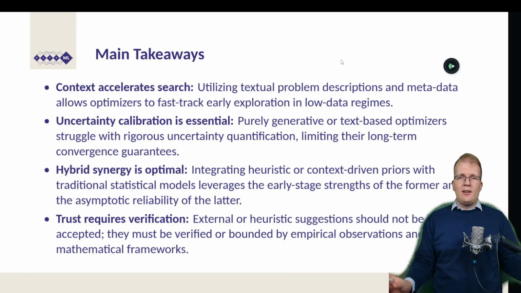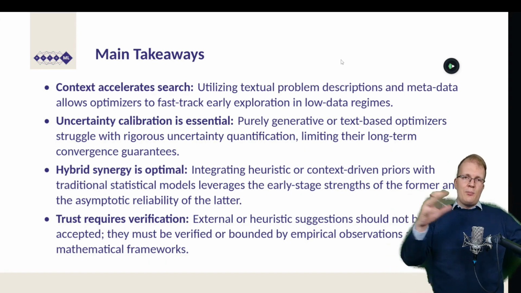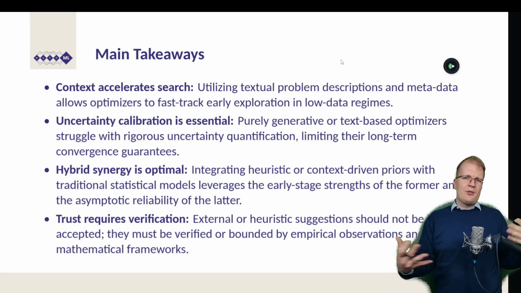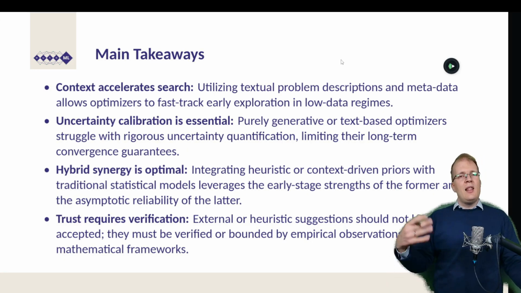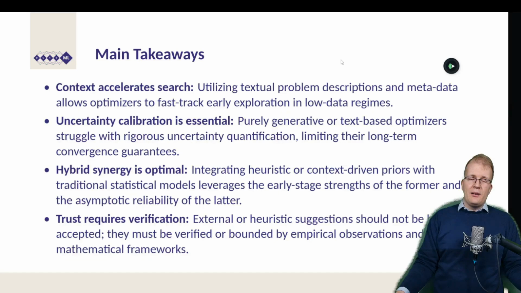We have seen this kind of permutation that I was already commenting on, which could be suboptimal, but with rigorous uncertainty quantification combined with GPs, we can even have long-term convergence guarantees. So therefore, this hybrid approach seems to be quite optimal. Integrating heuristic or context-driven bias with traditional statistical models leverages the early-stage strengths of the former and the asymptotic reliability of the latter.